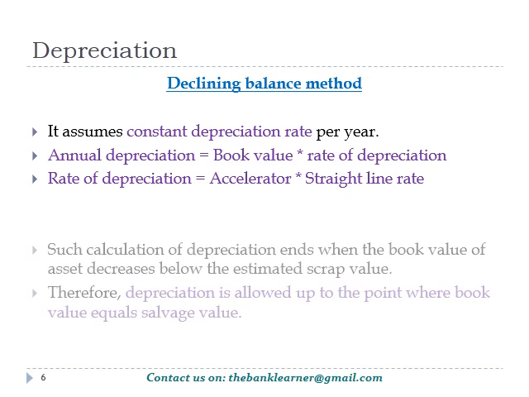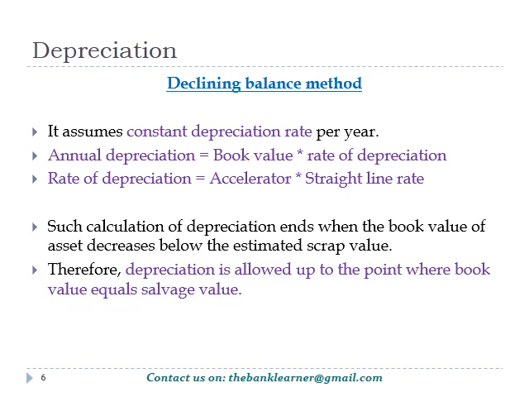During the first accounting period, the accumulated depreciation is 0. So, book value is equal to its cost. Since book value decreases after each depreciation charge, the depreciation expense declines in successive charges. That is, a higher depreciation in the earlier years than in the later.